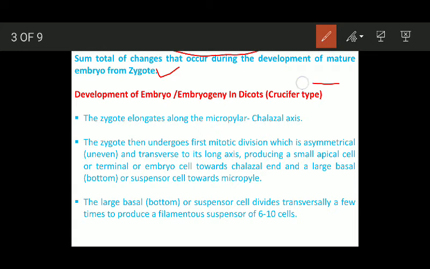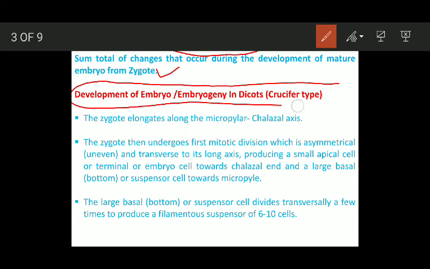Now today we are talking about embryogeny of dicots. The embryogeny in dicots has primarily been studied in the crucifers. Crucifers is a group of plants. They have been studied with respect to embryogeny.